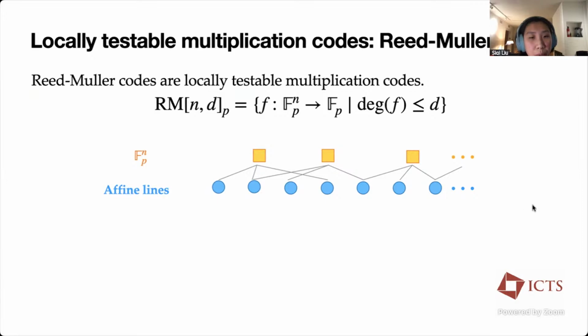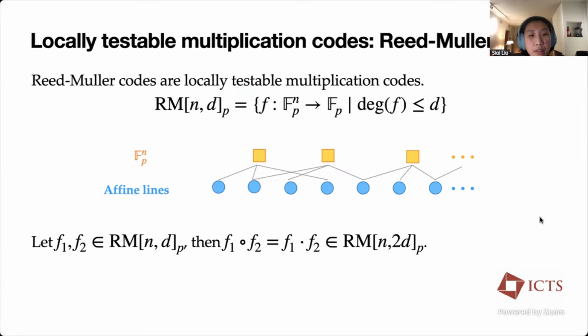So that's the simple local test. And furthermore, Reed-Muller codes are also multiplication codes because let's consider two code words, which are evaluations of functions f1 and f2, both of degree at most d.